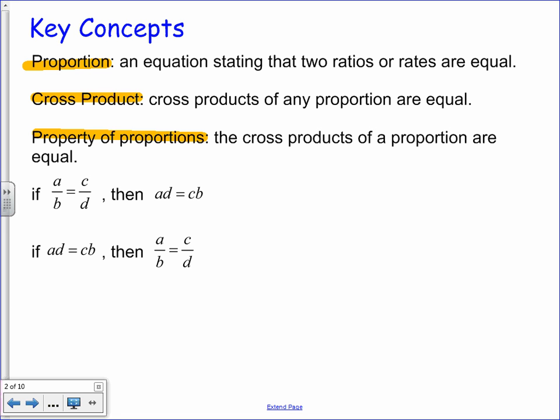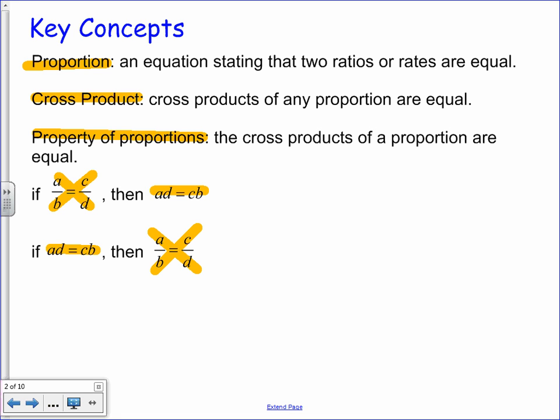So if A over B equals C over D, then A times D equals B times C. Similarly, if A times D equals C times B, then we can put it into a proportion as A times D equals B times C.